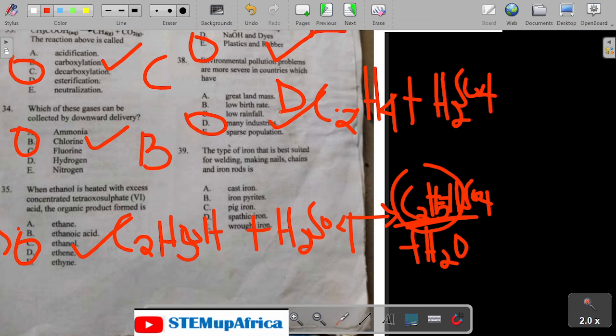Types of iron best used for welding, making nails, chains and iron rod is A. We have the cast iron, then we have wrought iron, then we have pig iron, let me see what is here.